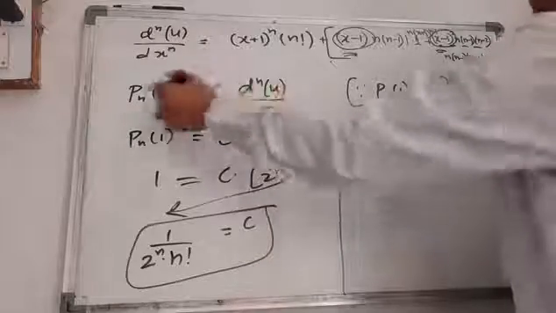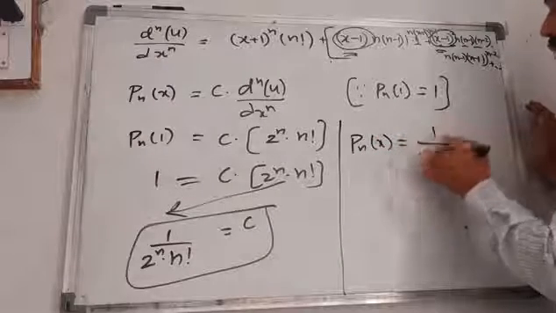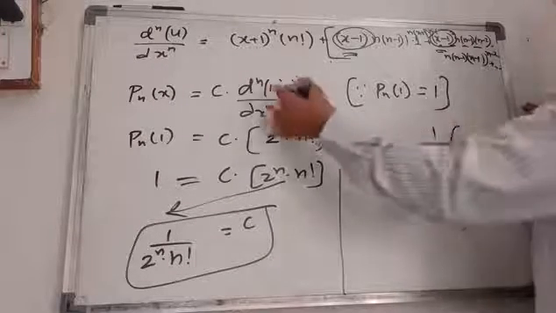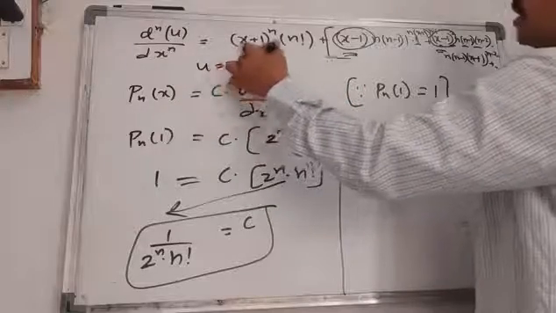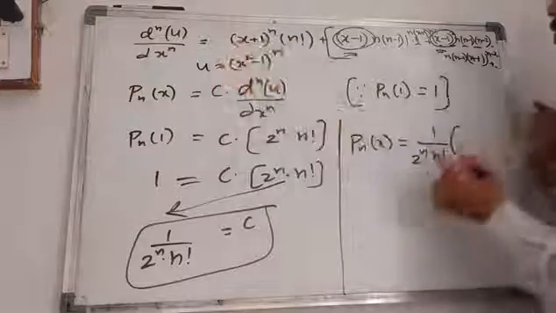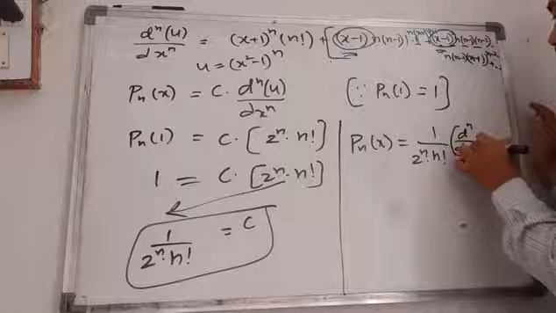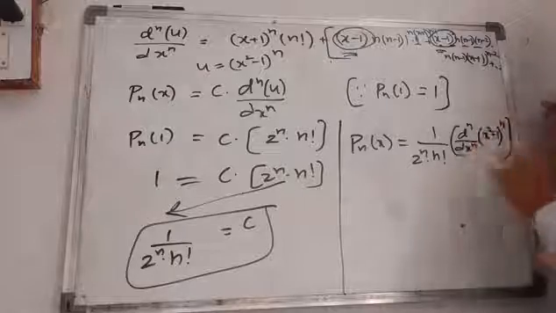In this given equation, what you will get, Pn of x is equal to 1 by 2 power n into n factorial into nth derivative of this u, means u already we know u is equal to x square minus 1 whole power n. So we get d nth derivative of x square minus 1 whole power n.